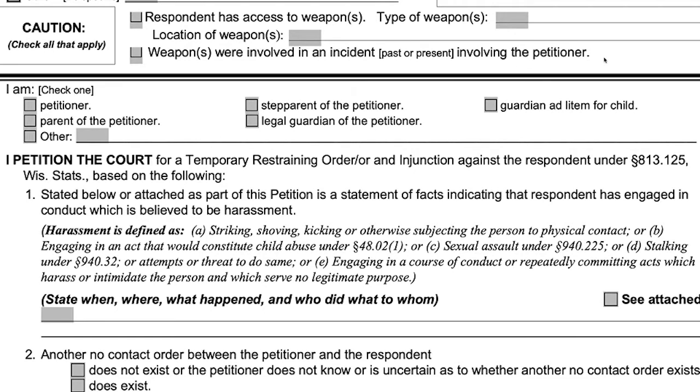So, were there any guns pulled out in an encounter that you had with the respondent? Did you say you had any guns? Anything like that? You want to clarify to the court if that happened, and make sure that you get it on your petition right away so that you're not holding anything back.